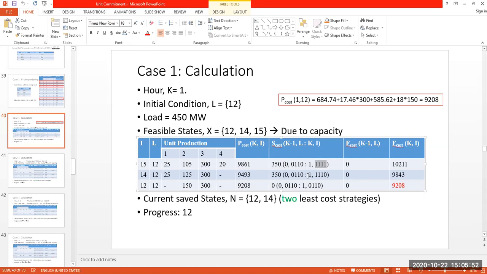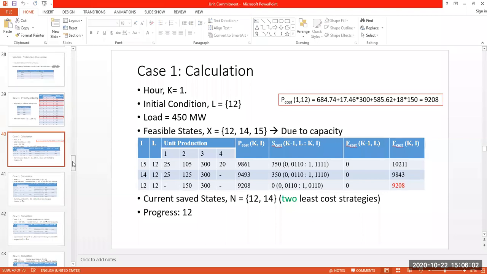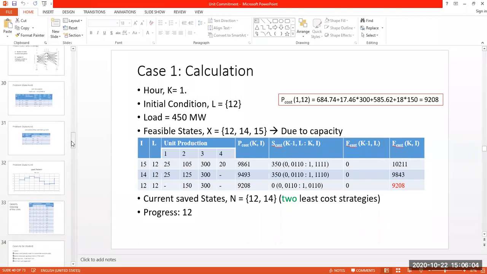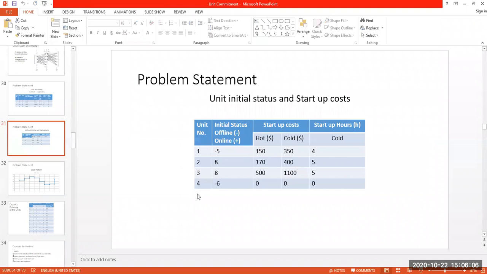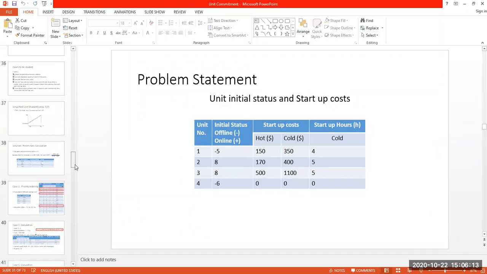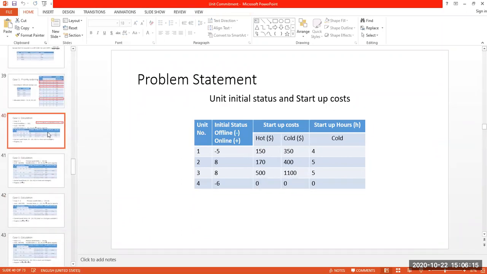From this second row, we know that unit 1 has $350 associated startup cost. The only information missing here is unit 4. So let's go to slide 31. You see unit 4 has no startup cost; it is a quick start unit. So my total cost is still 350. Clear?